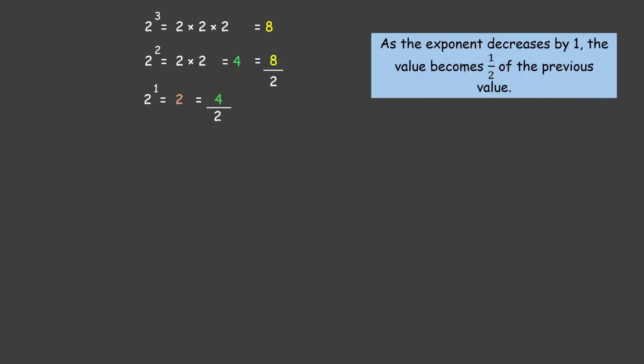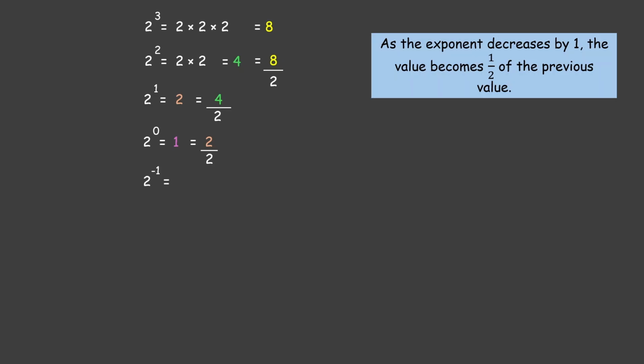Let's look at one more similar pattern. 2 cube is 2 into 2 into 2, which is 8. 2 raised to the power 2 is 2 into 2, which is 4, or 8 divided by 2. Then 2 raised to the power 1 is 2, which is 4 divided by 2. So, over here, as the exponent decreases by 1, the value is becoming 1 by 2 of the previous value. Now, next we'll have 2 raised to the power 0, which is going to be 2 divided by 2, that is 1.